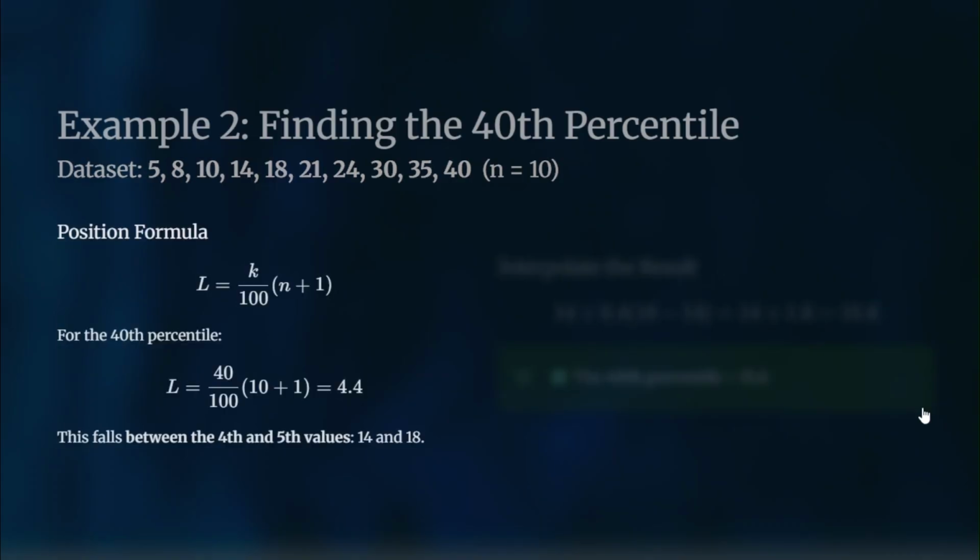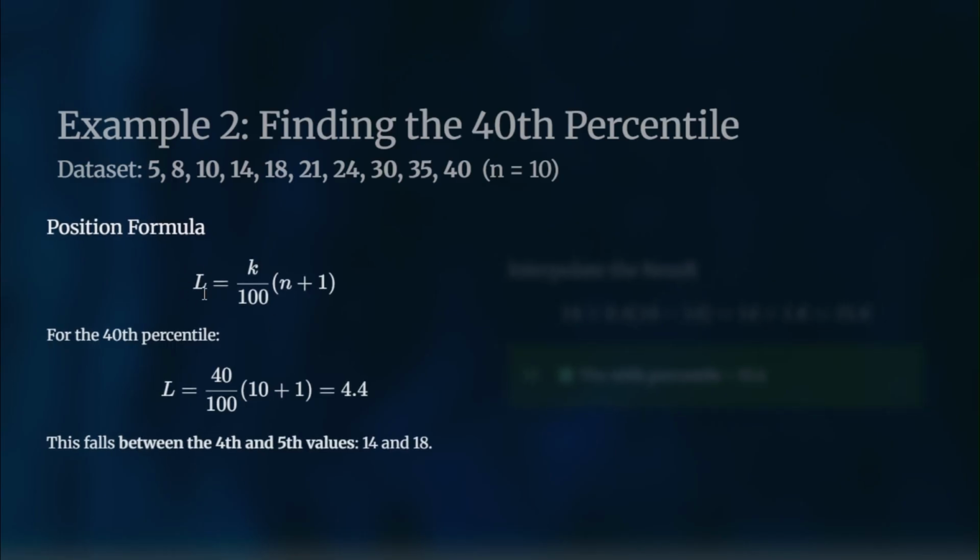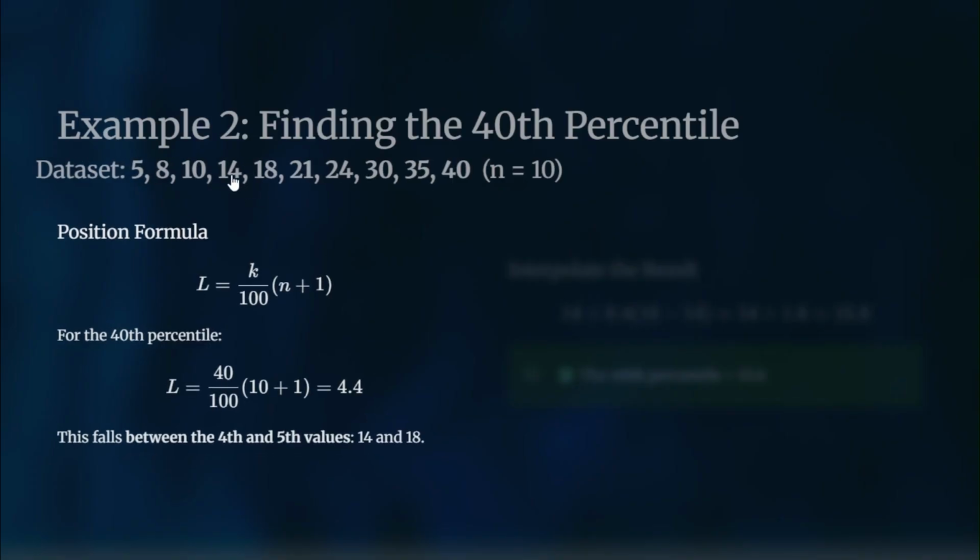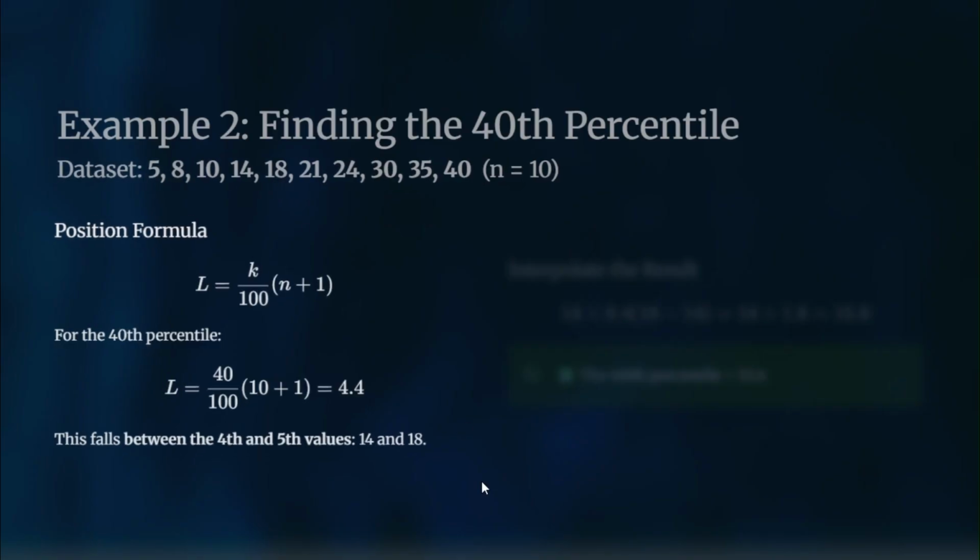Our values are already sorted, so in order to find the 40th percentile, we'll use the position formula, where L is the position of the value, k is the kth percentile, and n is the number of values in our data set. So for the 40th percentile, L will be equal to 40 over 100 times 10 plus 1, which will be 4.4, meaning that the 40th percentile will fall between the 4th and the 5th value.